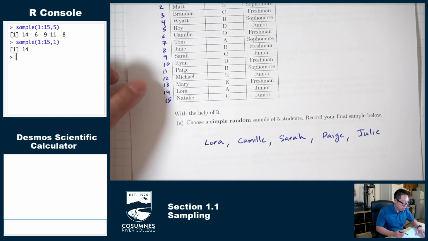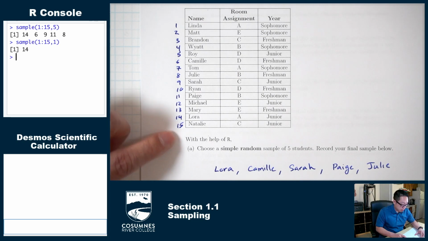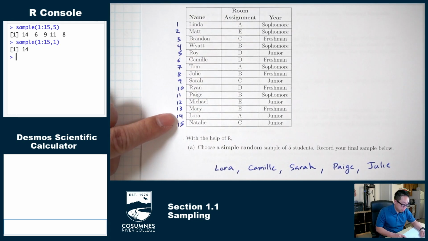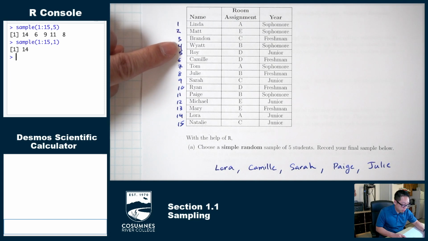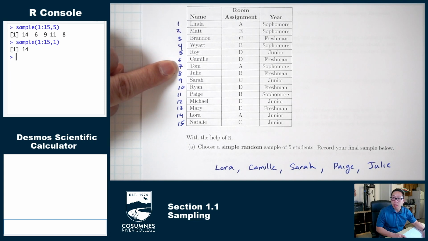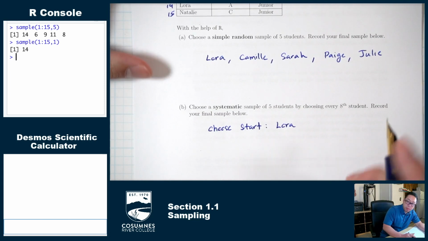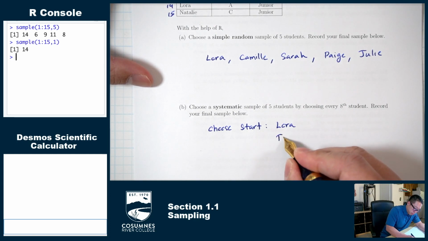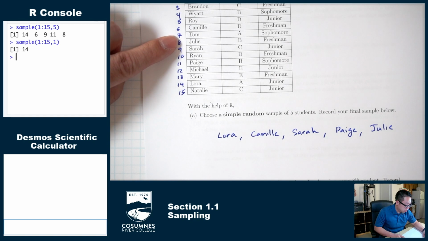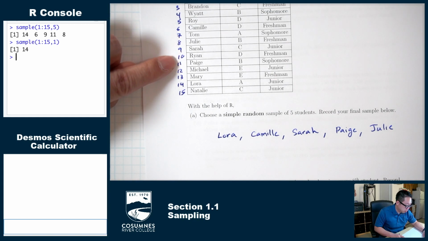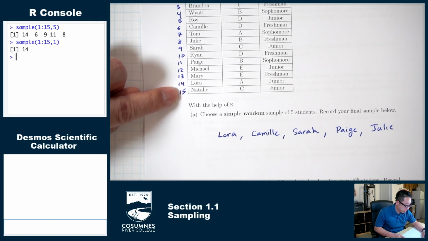So starting with Laura, counting 8, I'm going to have to actually go back to the top. So 1, go back to the top, 2, 3, 4, 5, 6, 7, 8. So Tom is next. Okay, count by 8 again. 1, 2, 3, 4, 5, 6, 7, 8.